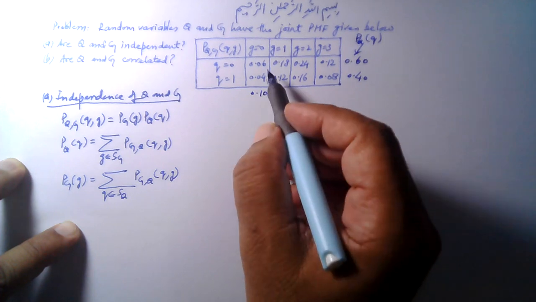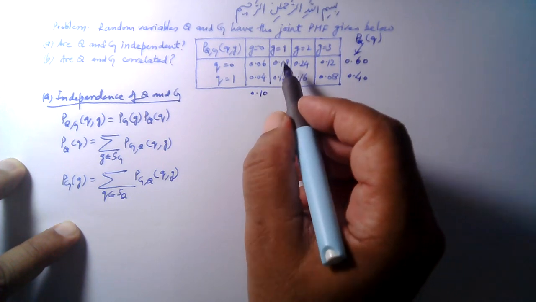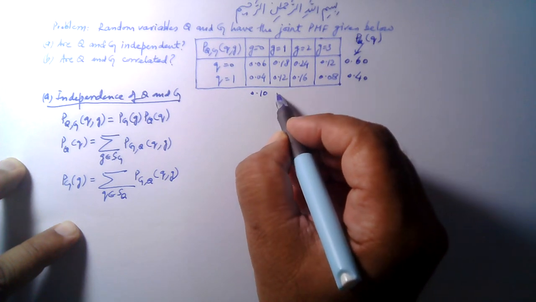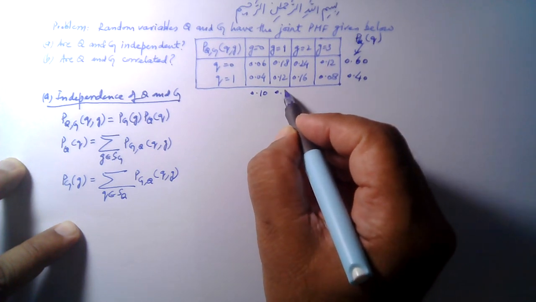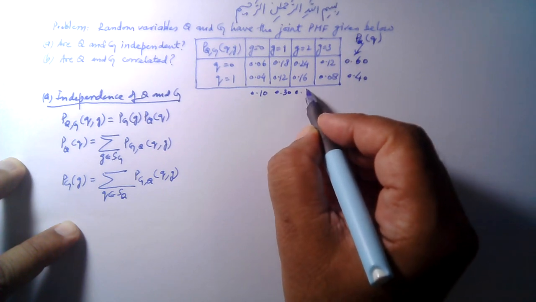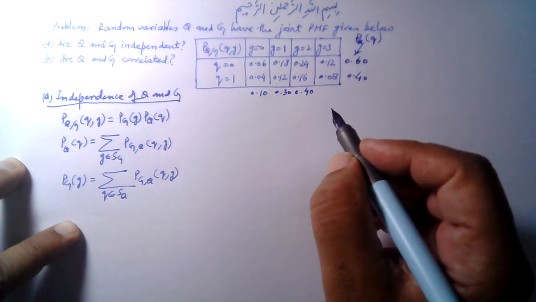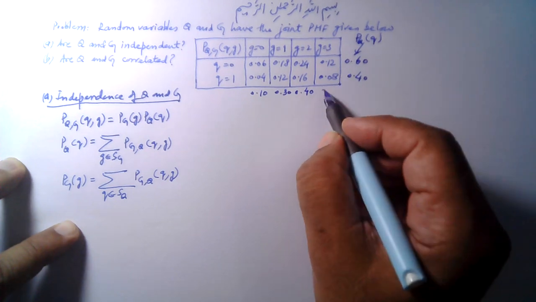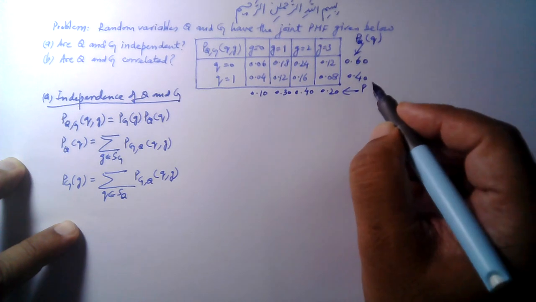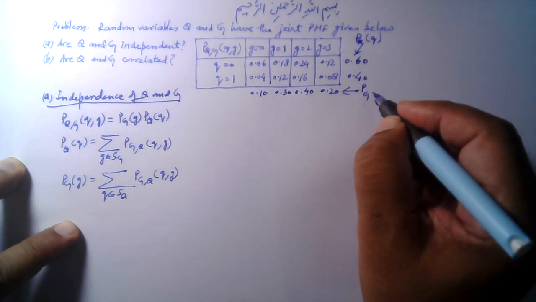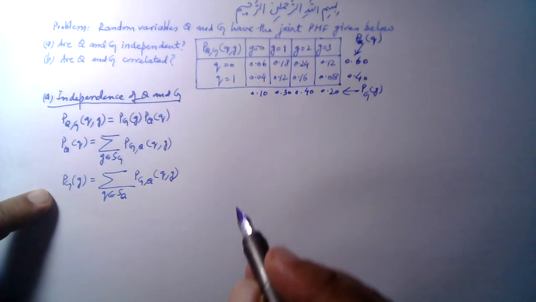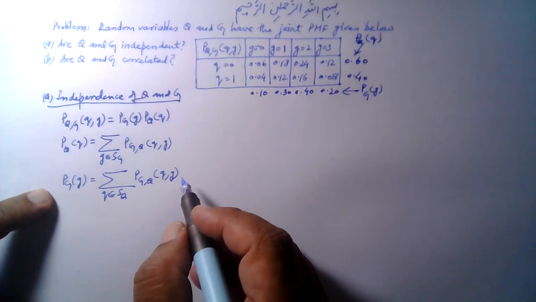In other words, we will now sum the columns here to find the PMF of random variable G. So this is 0.30, and this is 0.40, right? And this is 0.20. So we have the PMF of random variable G now with us. So we have the PMFs of both the random variables.